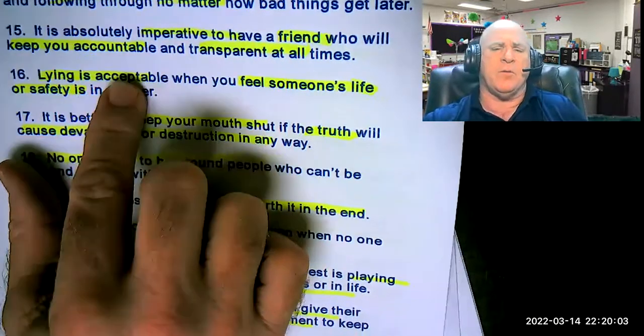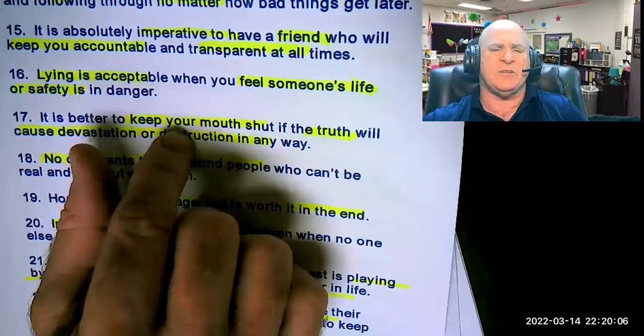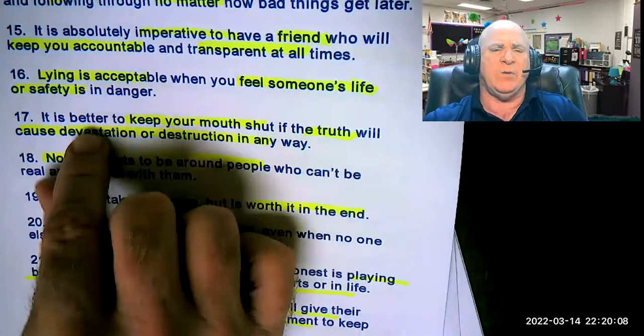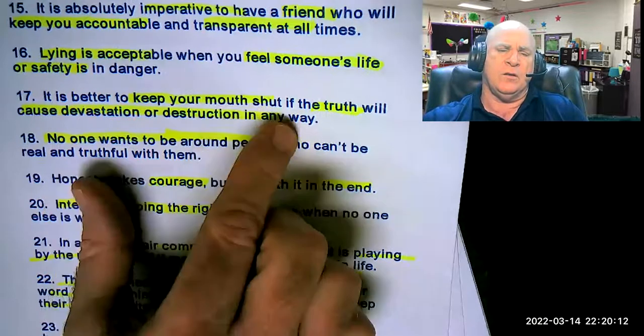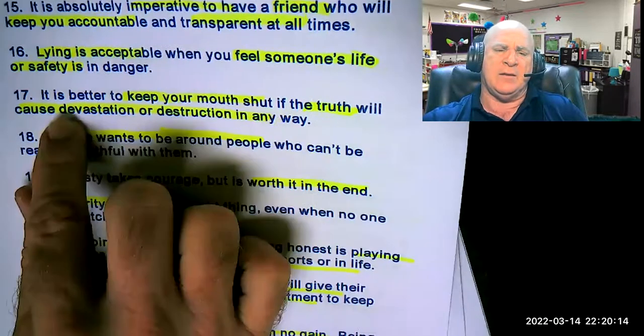It is better to keep your mouth shut if the truth will cause devastation or destruction in any way. So the truth here sounds very negative.